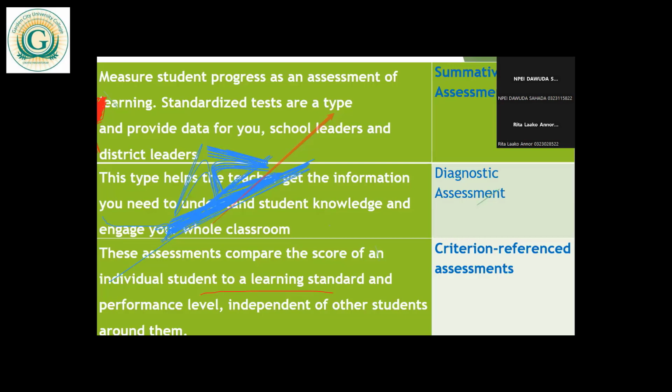That's why I'm taking my time to let you understand this one. In criterion, the focus is on whether you have met the standard set, irrespective of the performance of other students.